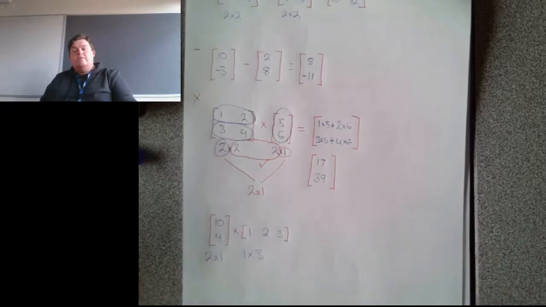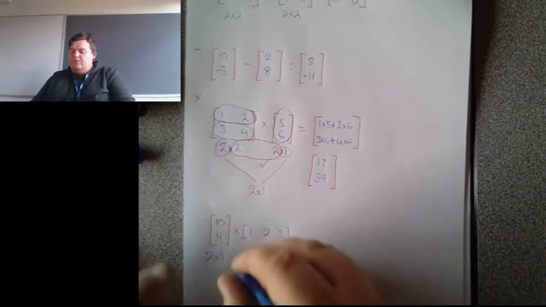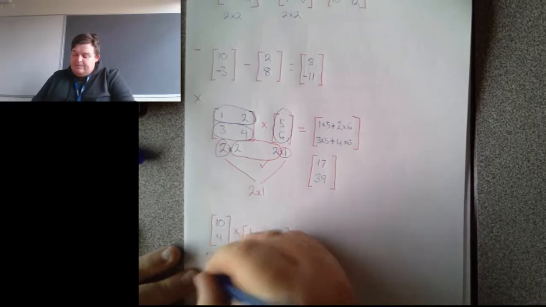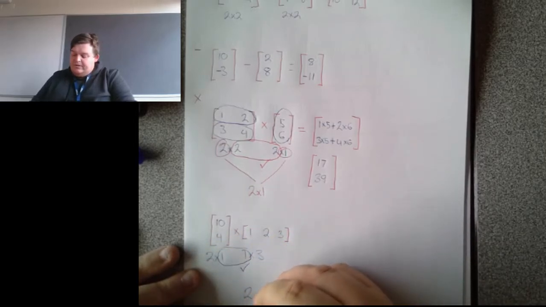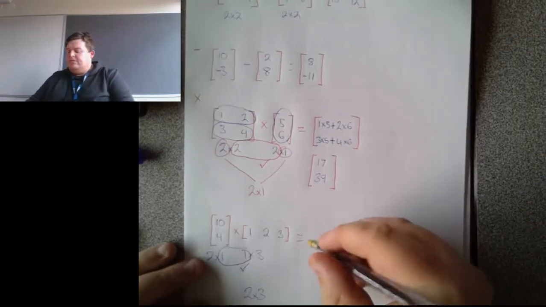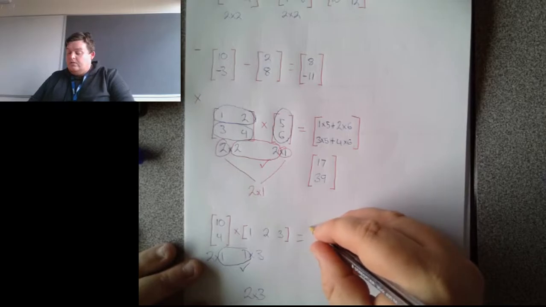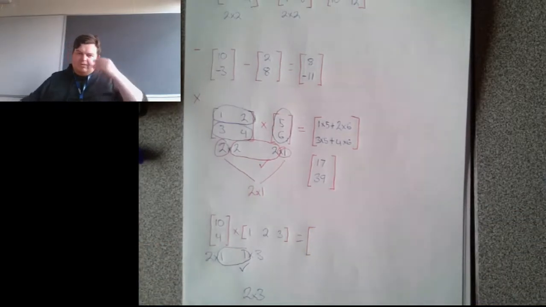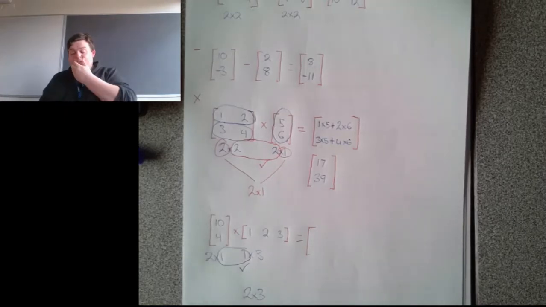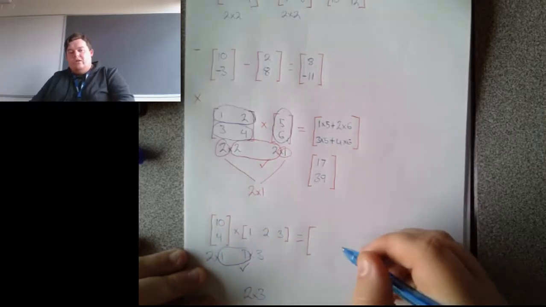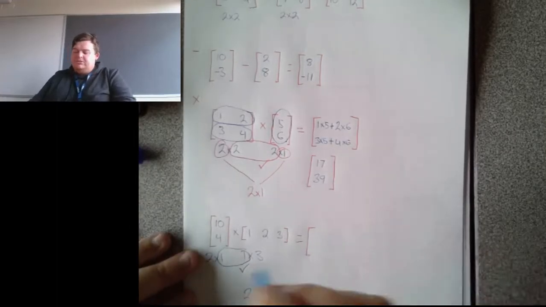If we follow the same process as before, these two middle numbers are the same, so it can be done. Our answer will be a 2 by 3, which is weird because we've got two small matrices here. So we have 2 rows and potentially 3 columns, but again, I'm going to leave that open for working out sake. Now I have to multiply each row by each column and plus together if there's any extras.